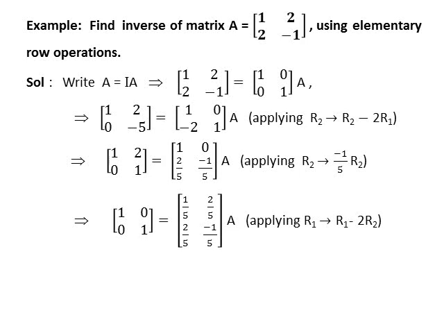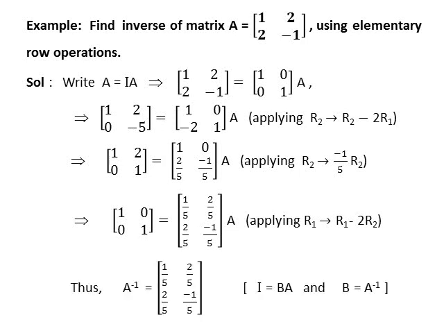We get new elements of first row, that is 1 and 0. Same operation we apply on pre-multiplier of right hand side, and write the post multiplier matrix A on right hand side as it is. Now we observe left hand side matrix becomes identity matrix.